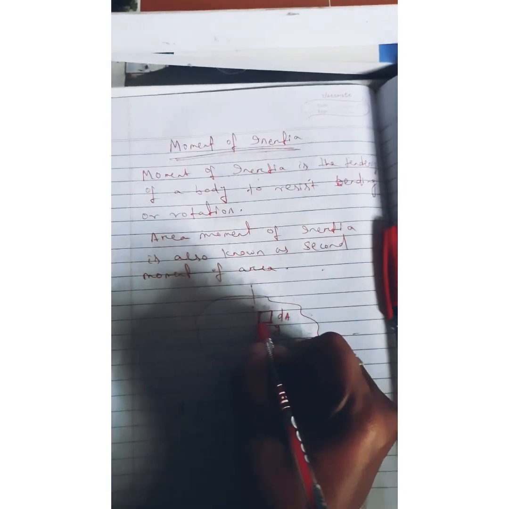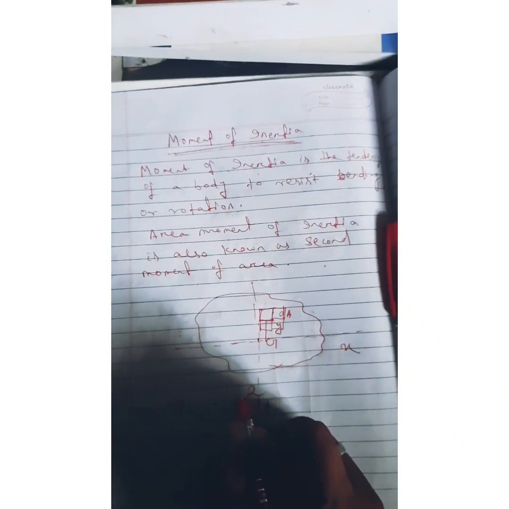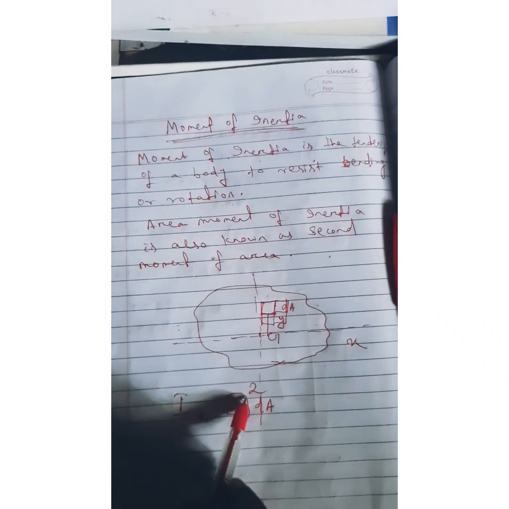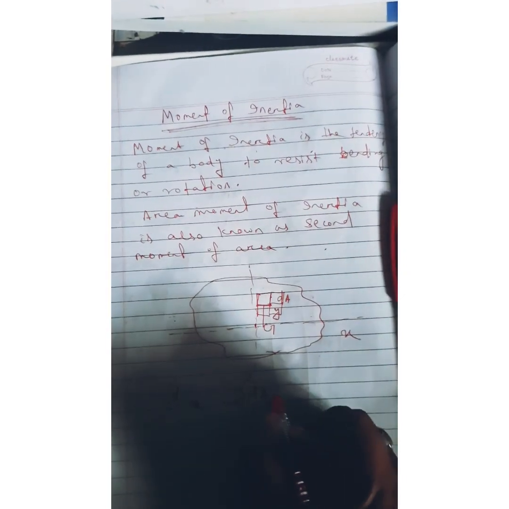If I continue these blocks like this and complete the geometry, it will be summation of y square dA. Basically we do summation for discrete geometries. For continuous geometry, it's better to do integration. So integration of y square dA.